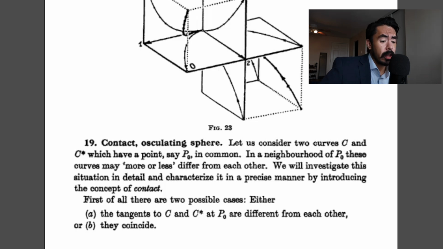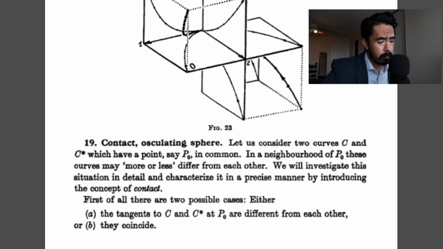So let us consider two curves, C and C star, which have a point, say, P naught in common. This is what we're given. In a neighborhood of P naught, these curves may more or less differ from each other. We will investigate this situation in detail and characterize it in a precise manner by introducing the concept of contact.